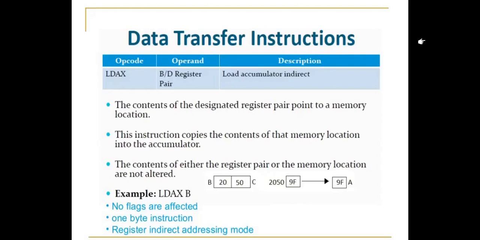Say, for example, in the B and C register pair, the value 20 and 50 is stored. Then this value will be copied to the accumulator. And this is a 1-byte instruction. Since we are indirectly mentioning the register pairs, this is register indirect addressing mode.